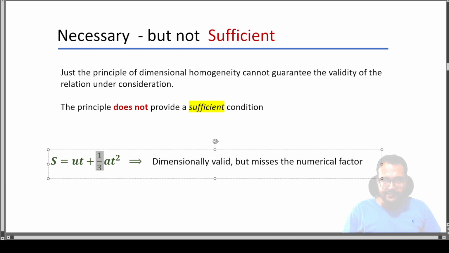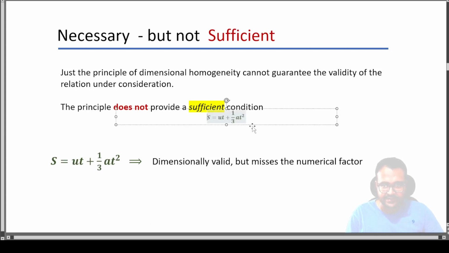This 1/3 does not actually come from dimensional analysis. So this is the real physics law that defines this as S equals ut plus half of at square. So this will be the correct equation, right?